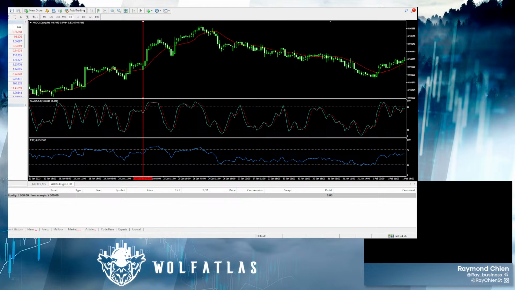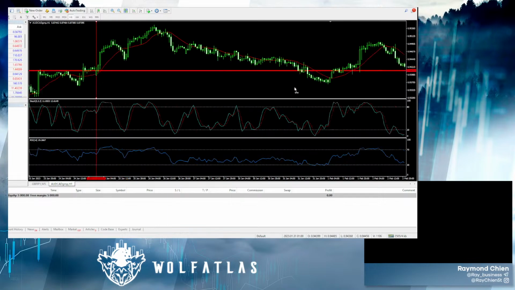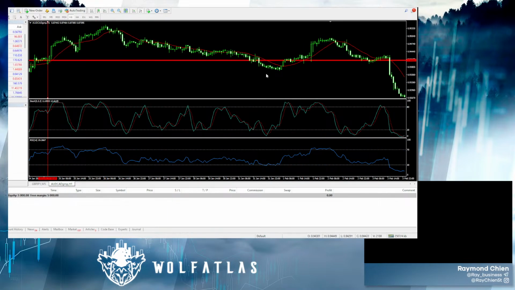For example, we'll probably enter around here as a sell order, and where you want to exit is right over here, when your RSI reaches the bottom level, oversold. That's basically where you want to exit.